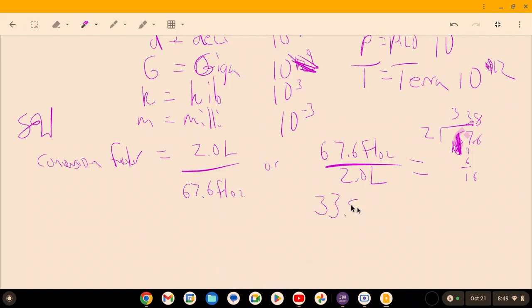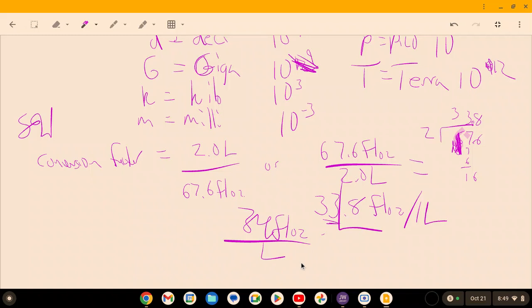So 33.8 fluid ounces per 1 liter. And significant figures will be rounded to here. So 34 fluid ounces per liter is the conversion factor.